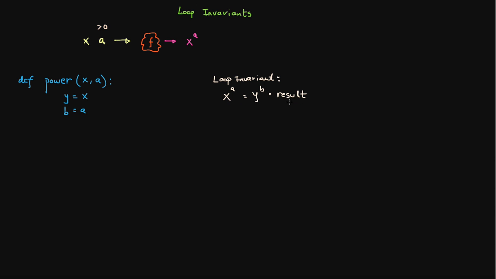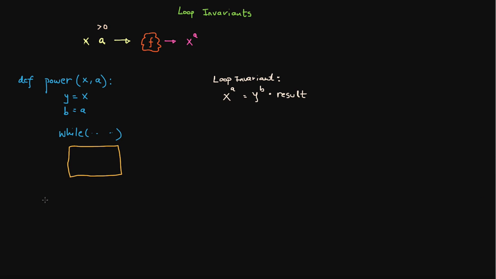If this is my loop invariant, then I'm going to have a loop introduced somewhere in my code, and then I'm going to have a body of the loop. So let's say this is the body of the loop over here, and eventually I'm going to return a result.